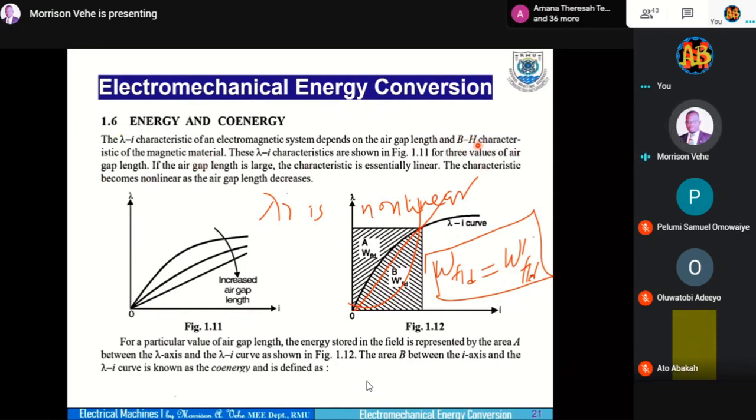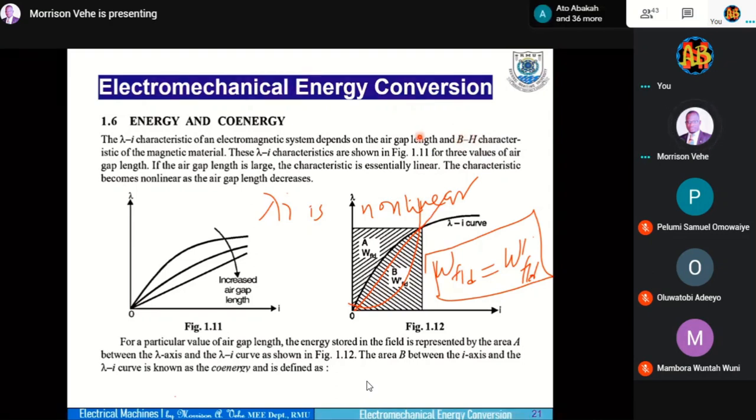The B and the H are functions, either directly or indirectly, of the flux, whose strength will also be determined by how much current is available and how wide or how small the air gap is.